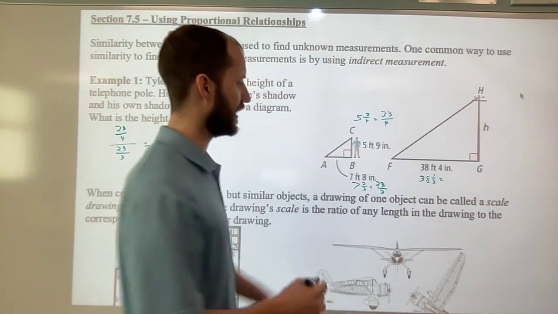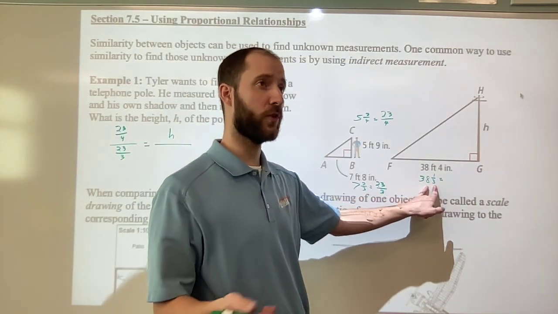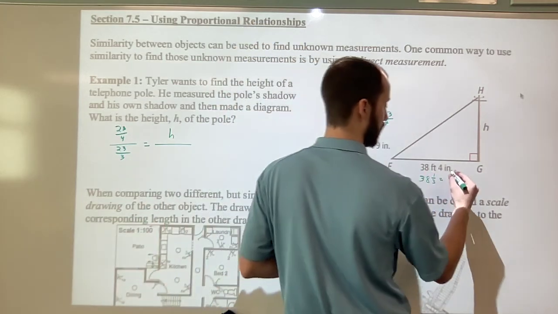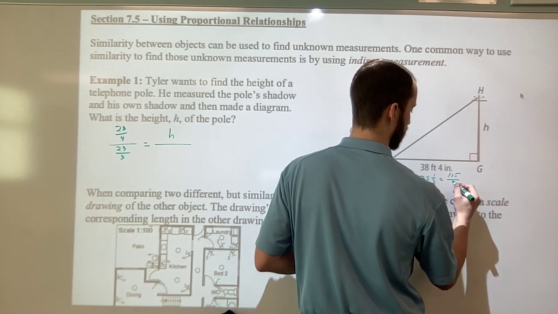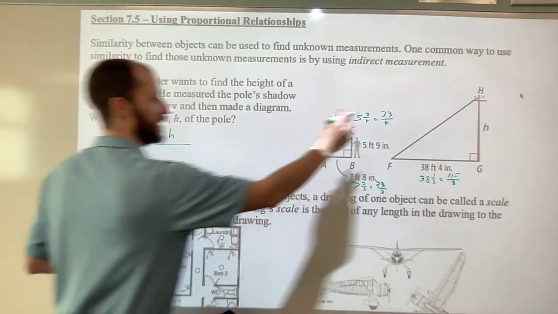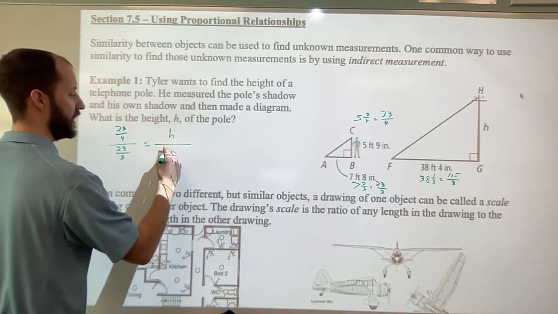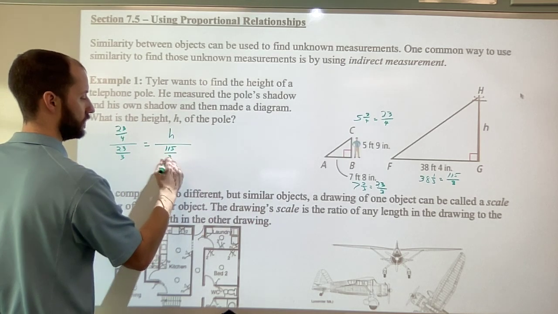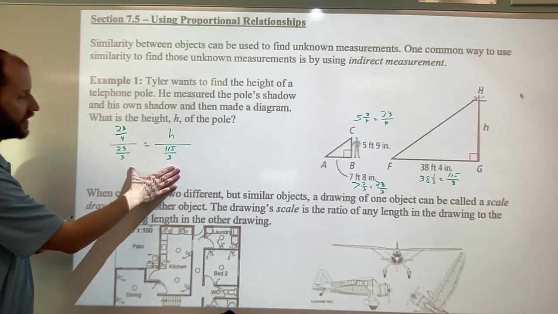Equaling 3 times 38, so 3 times 30 is 90, 3 times 8 is 24, so 90 and 24, 114, plus 1, 115/3. So h, the height, over the shadow, so 115/3. So now I have my proportion.